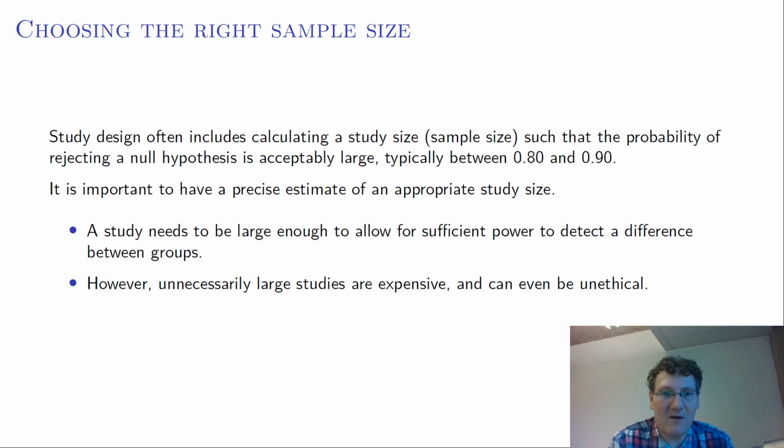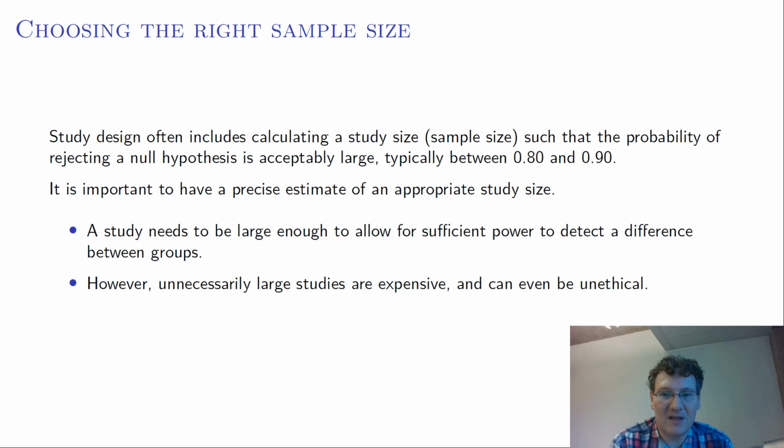So let's see. Study design often includes calculating a study size or a sample size such that the probability of rejecting a null hypothesis is acceptably large, typically between 0.8 and 0.9. It's important to have a precise estimate of an appropriate study size. So if you have a guess as far as how big the effect size is and what the standard deviation is approximately, you can calculate the sample size that you would need to have a good chance of rejecting the null hypothesis, if indeed the null hypothesis is false.